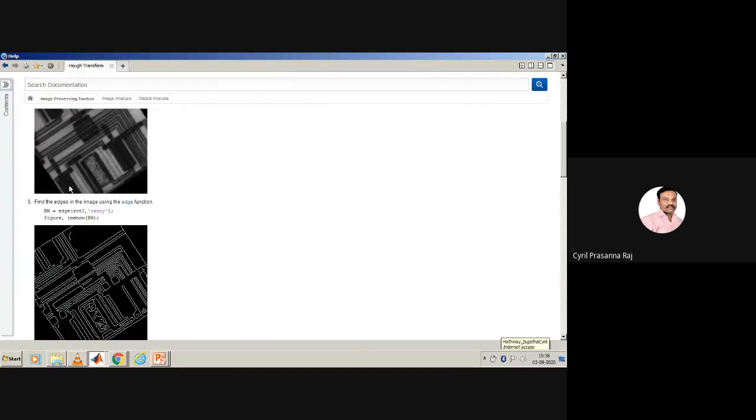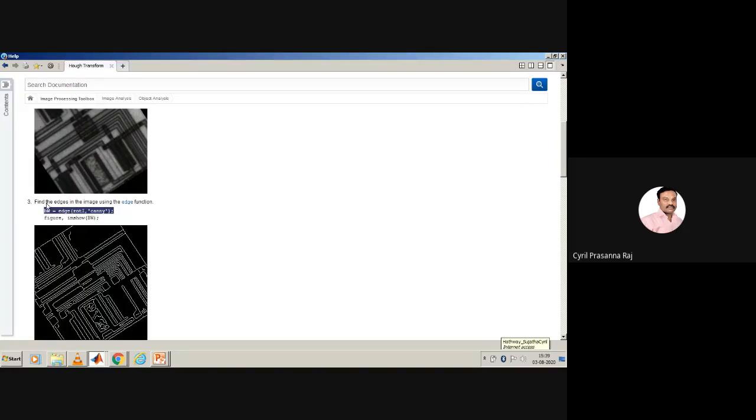Now, there is another method of finding out edges available in a given image called edge. If you want to learn more about edge, you can go to MATLAB and try to see what the edge command is trying to do. There is an operation called Canny operation. We will discuss this edge detection next week. But now, when you run this command on the variable ROTI using an operator called Canny operator, all the edges available in this image, that is the straight lines, will be captured, and you find that there are multiple straight lines.